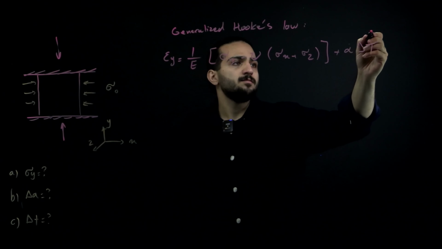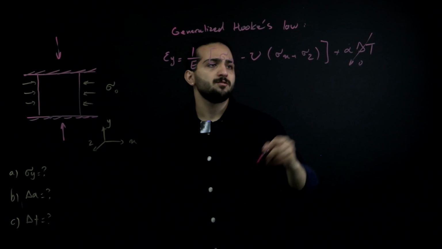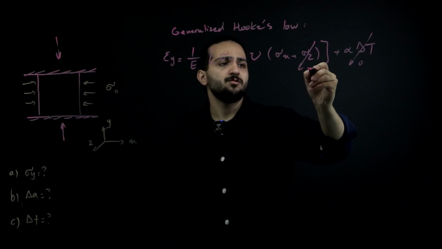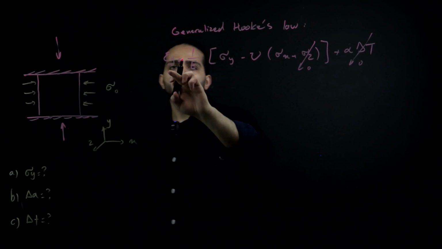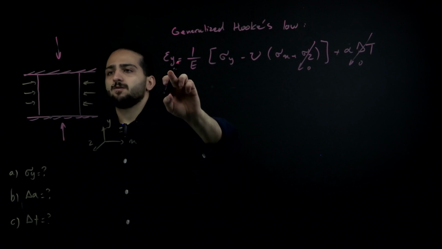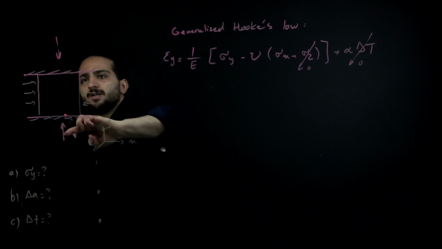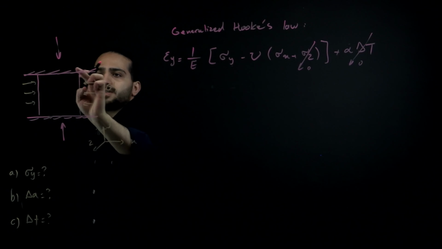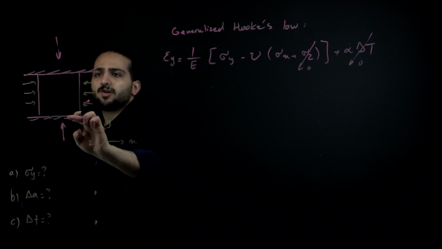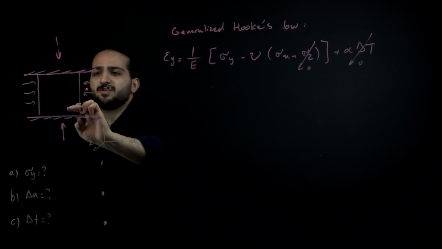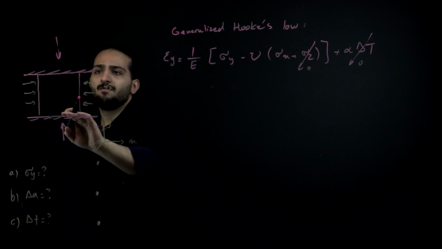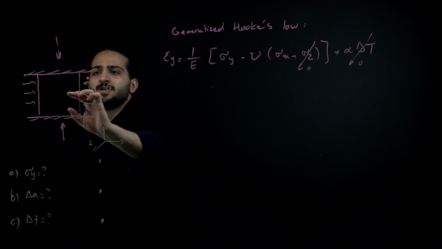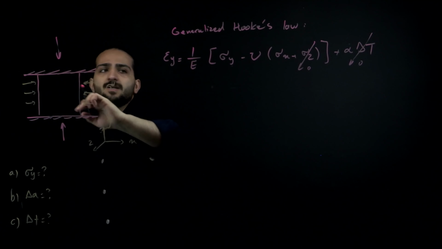And we know delta t is equal to 0 in this question, sigma z is equal to 0, and epsilon y is also equal to 0 because the dimension in the y direction cannot change, because the element is restrained between two rigid surfaces, and rigid surfaces won't allow this element to expand in this y direction.